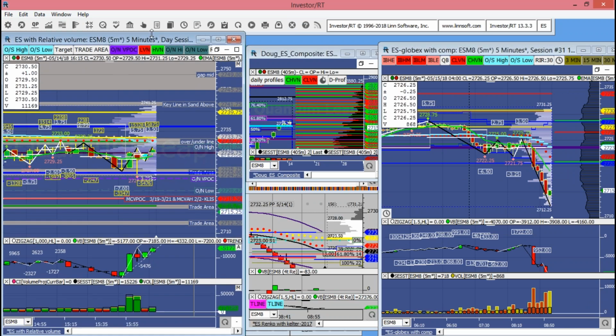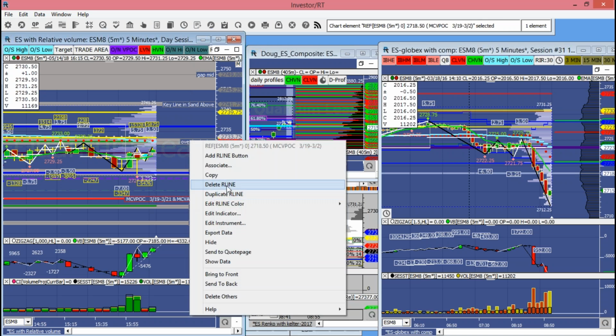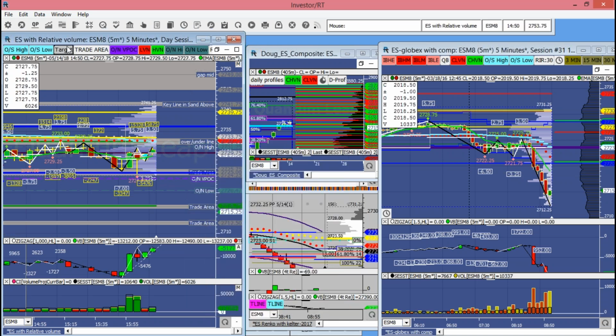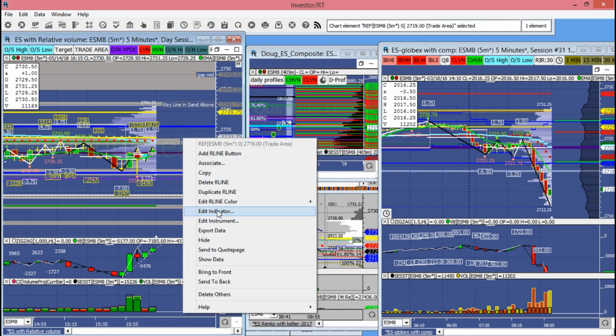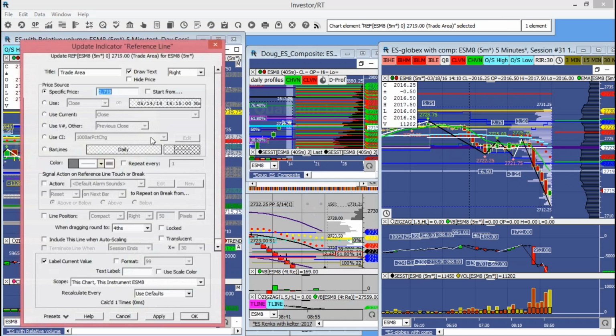So let's just take our levels. First of all, this right here, I'm just going to take this right off right now, and we're going to change this to 19. And it is going to become our key line in the sand above.